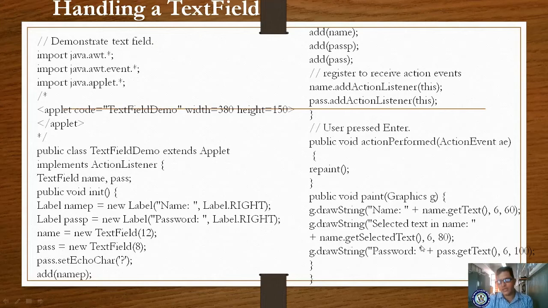For selecting that, you are using the getSelectedText method. Whatever content you have selected can be accessed. And next you are displaying the password, pass dot getText. Whatever value you have entered will be displayed at the 6,100 location.